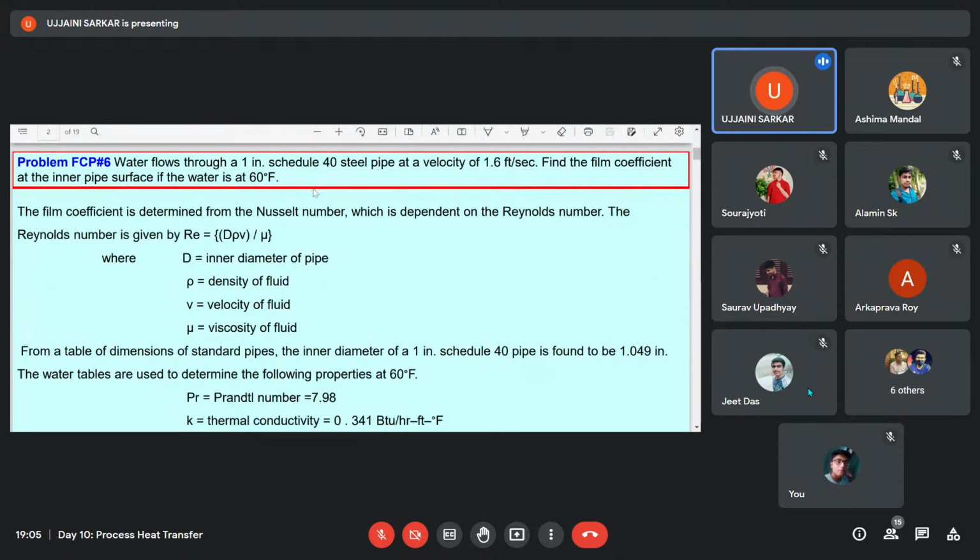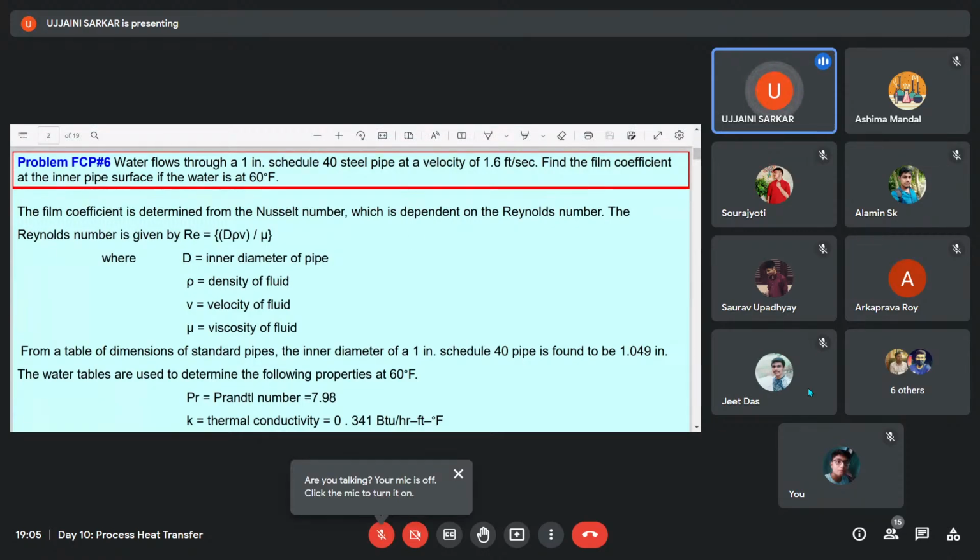So this problem is very easy. You just have to know how to calculate the convective heat transfer coefficient. So water flows through a 1-inch schedule 40 steel pipe.